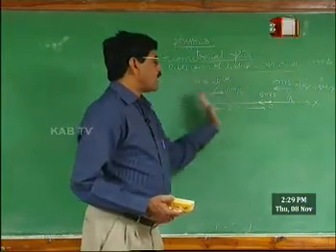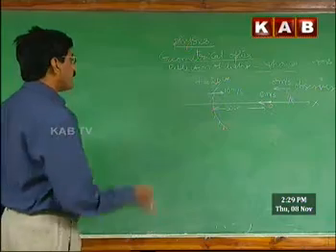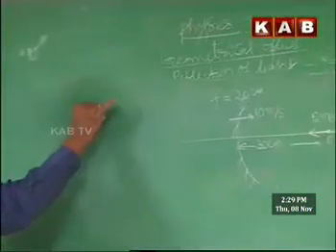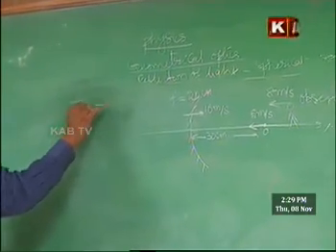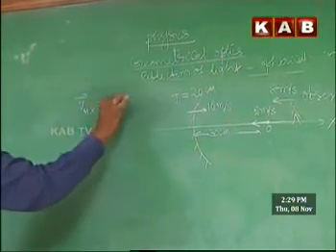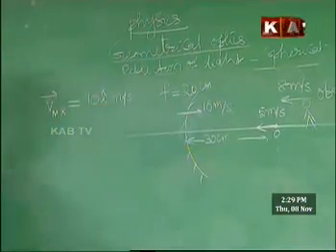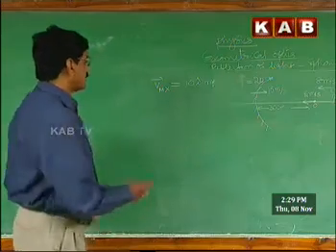The mirror is moving opposite to the motion of object and observer. In this case, we have to write the velocities. Velocity of the mirror is along the x-axis, equal to 10 i meters per second, because the x-axis is taken as this. Therefore, the mirror is moving towards the right.